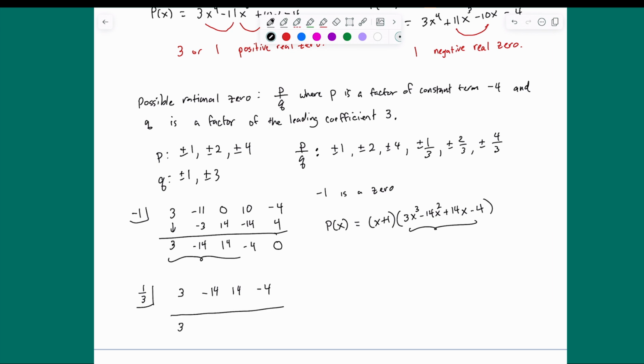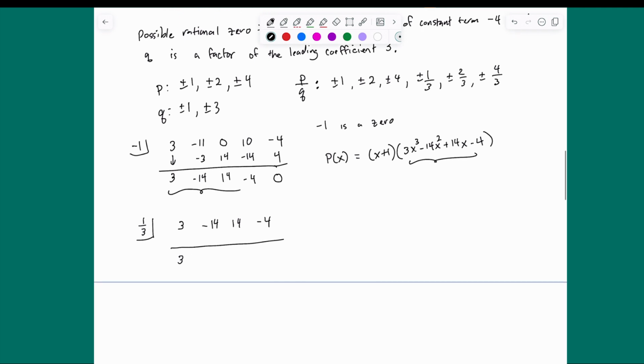Bring down 3, we get 1/3 times 3, which is 1. Then we get negative 13. Then 1/3 times negative 13, which is negative 13 over 3. And then 14, minus 13 over 3.